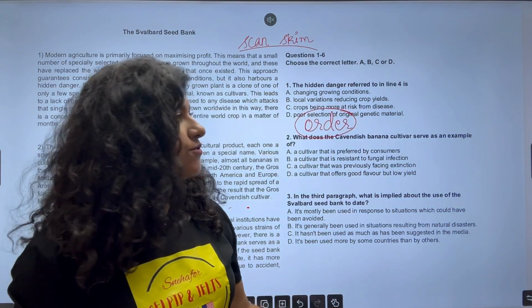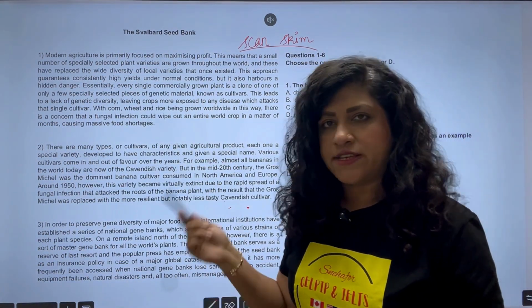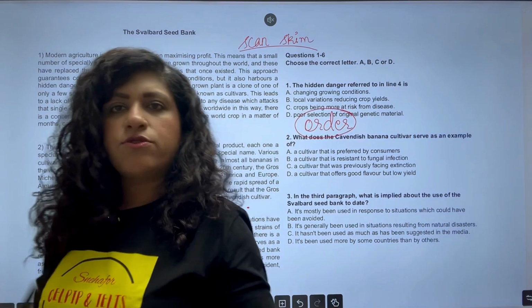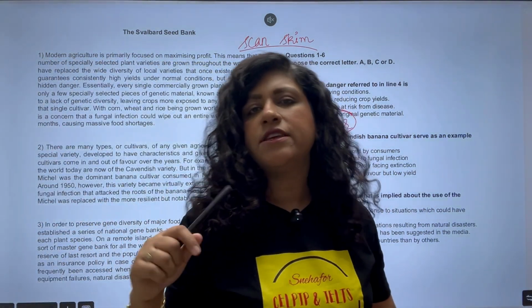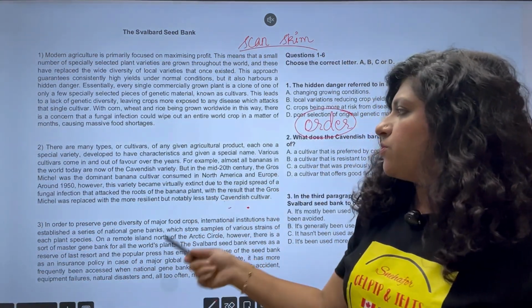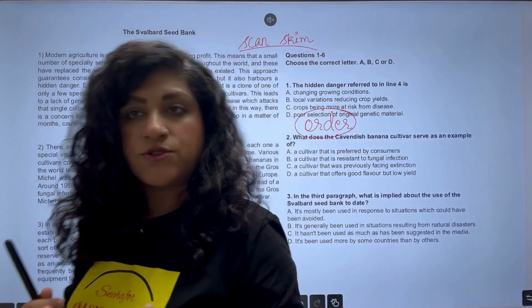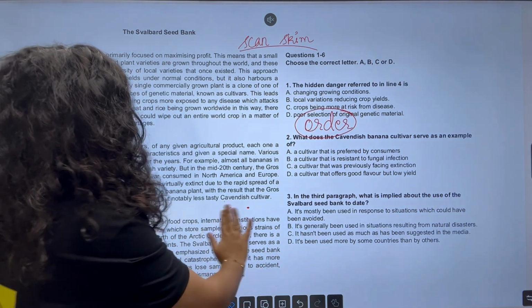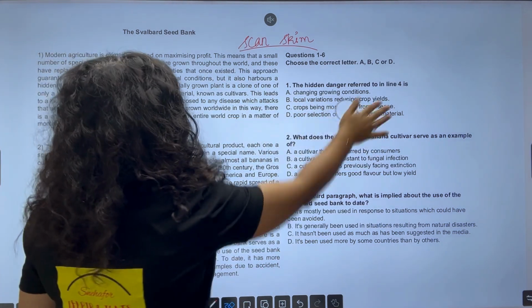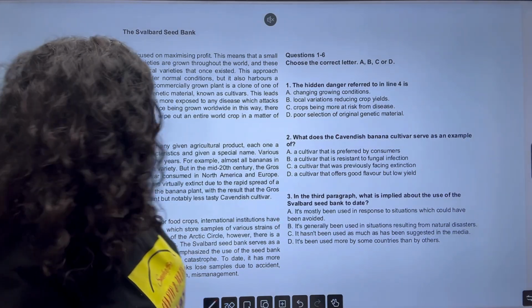So the order of the questions, in most of the cases, will follow the order of the text. That means information related to question number 1 will appear first in the text. Then only you will see information related to question number 2, and then information related to question number 3, and so on. So you can note this thing down, that MCQs follow the order of the text, and that will make things a bit easier for you.